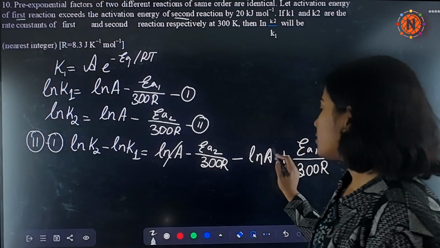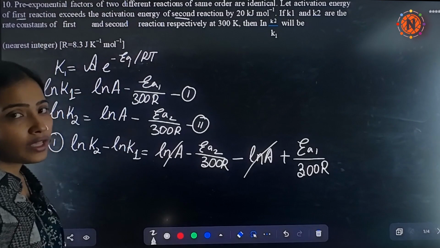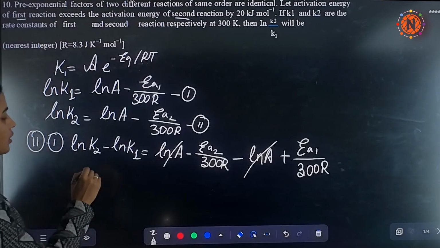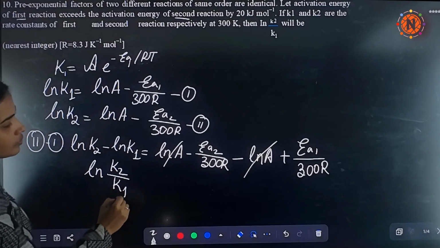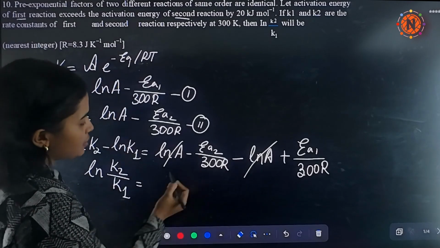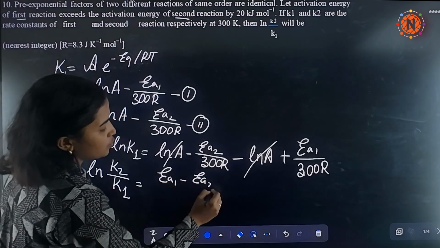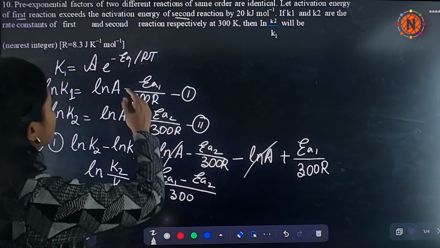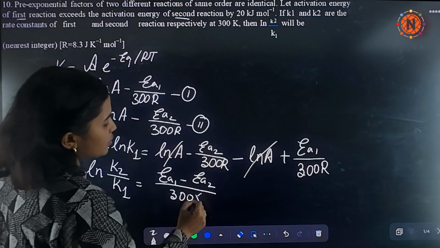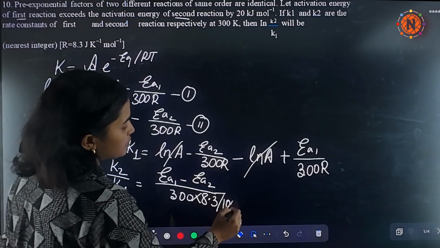So by this we can cancel out the ln A's, and we know the ln A minus ln B formula, that is ln K2 by K1. If I rearrange it, it will be EA1 minus EA2 divided by 300. Our gas constant is given in joule, so it will be 8.3 divided by 1000.